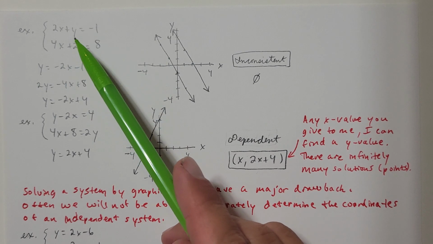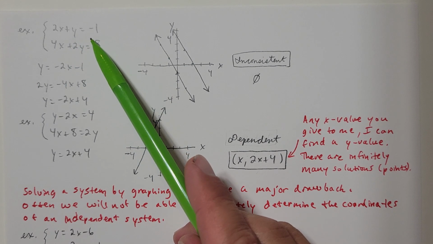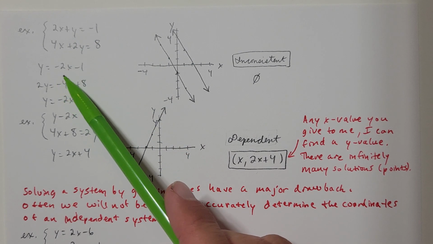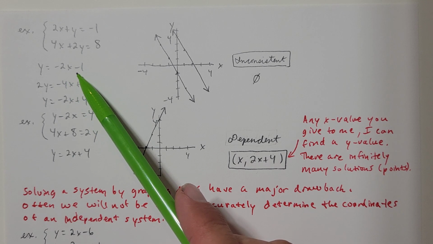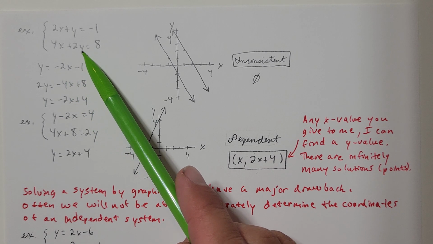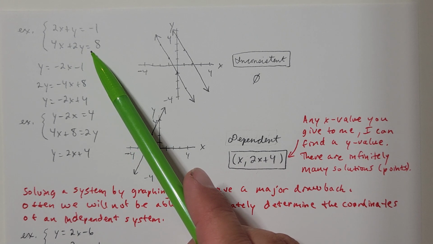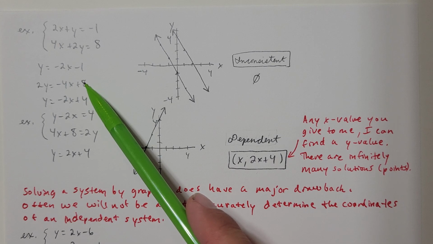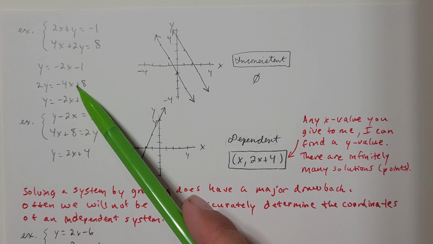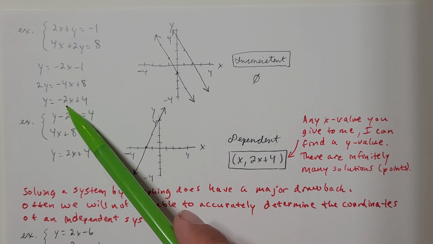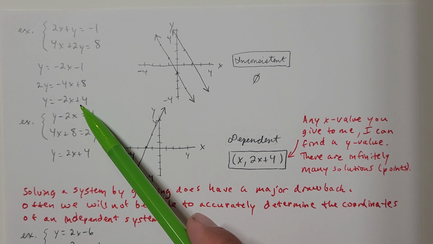So with the first line, when I subtract 2x from both sides, y equals negative 2x minus 1. And then the second line, if I subtract 4x from both sides, 2y equals negative 4x plus 8. So then when I divide by 2, y is equal to negative 2x plus 4.